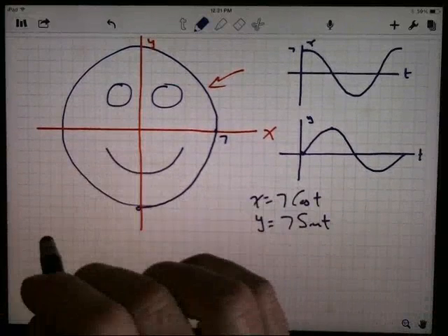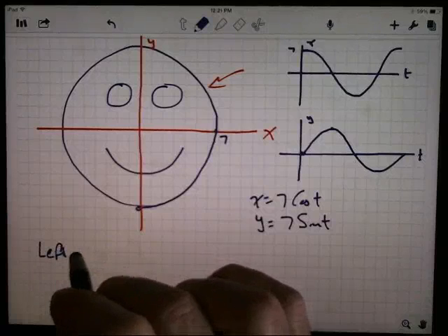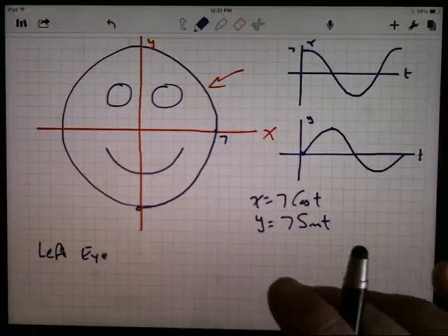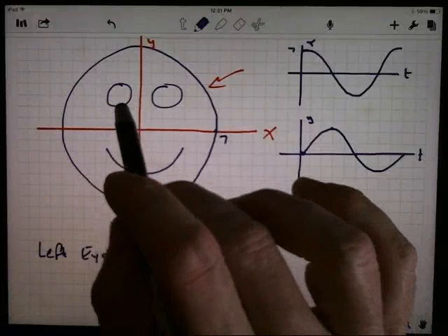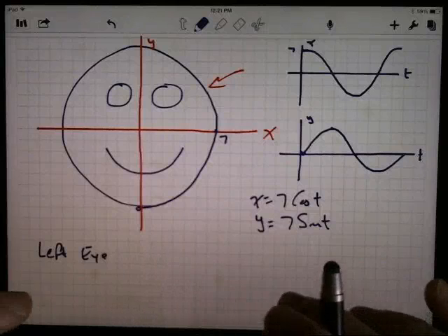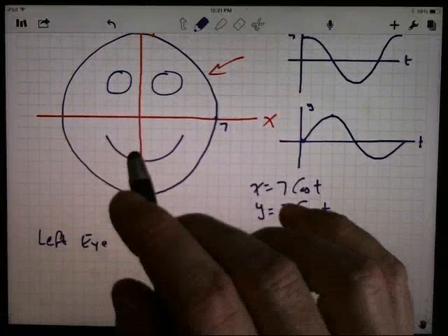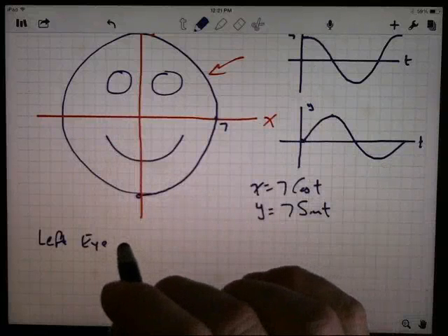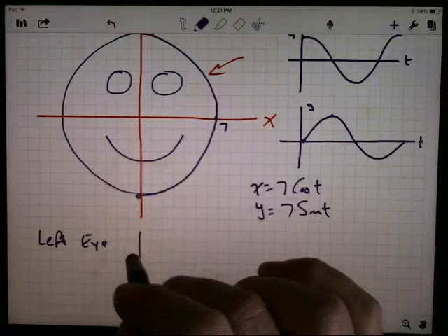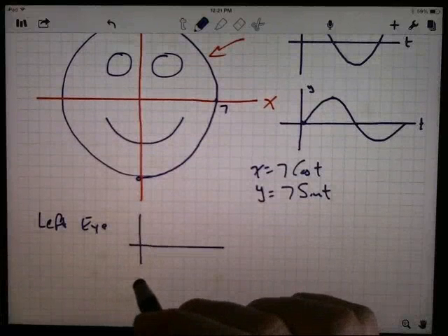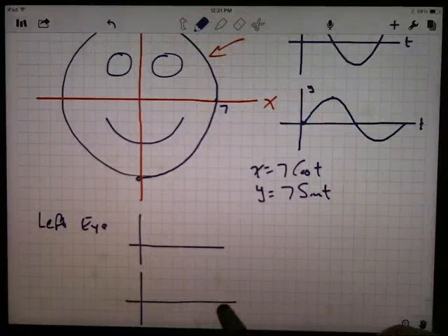Let's look at the left eye. The left eye is a circle of radius 1, maybe here. If I do the same kind of analysis, I look at x versus t, and I look at y versus t. Right?